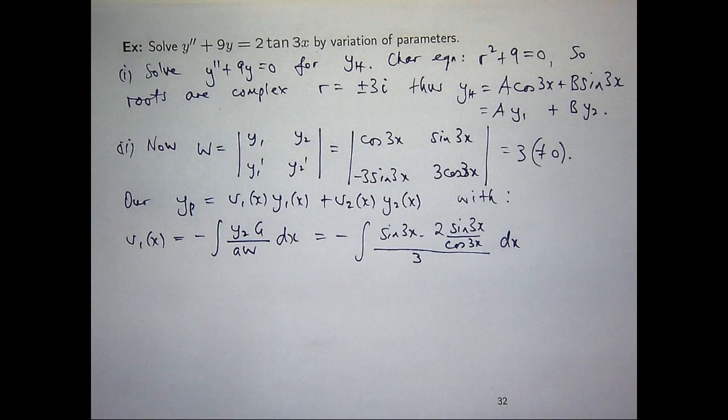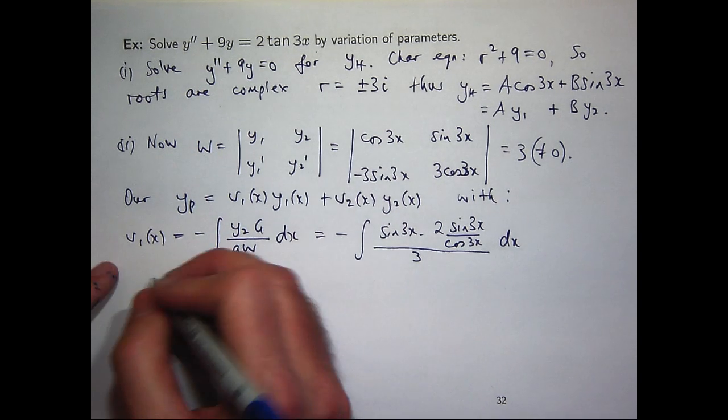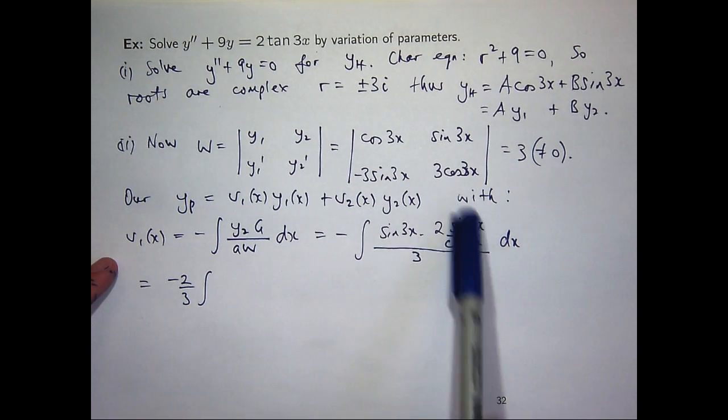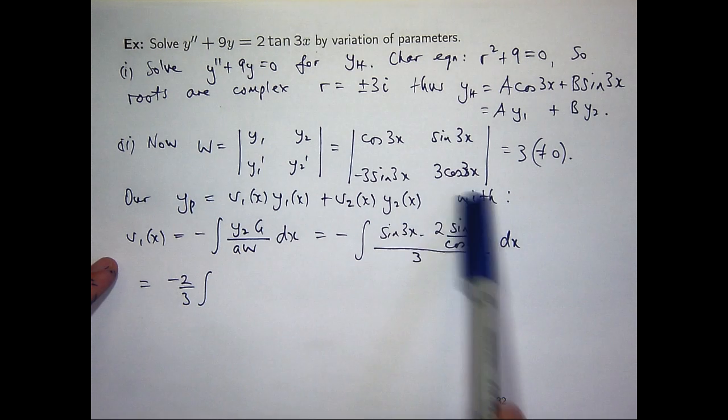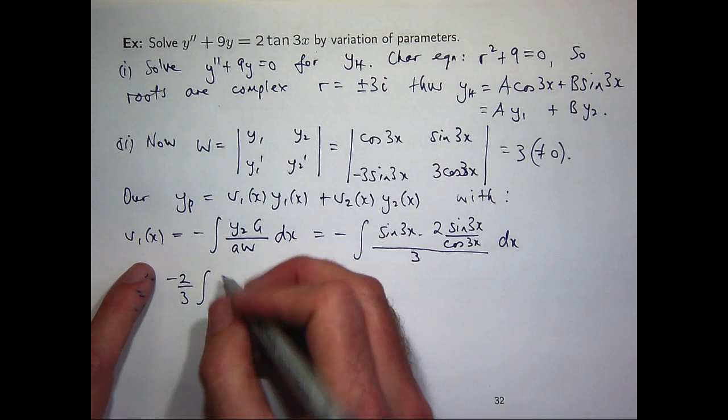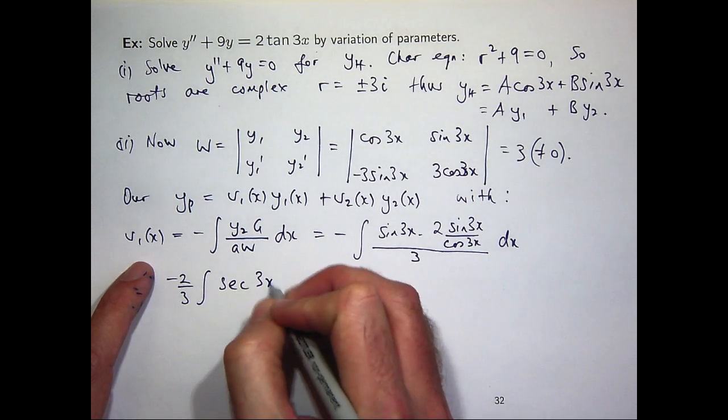So I can bring that 2 on 3 out the front. And I have a sine squared there, sine squared 3x. So what I'm going to do is change that to a 1 minus cosine squared 3x, and then break it up similar to the previous problem.